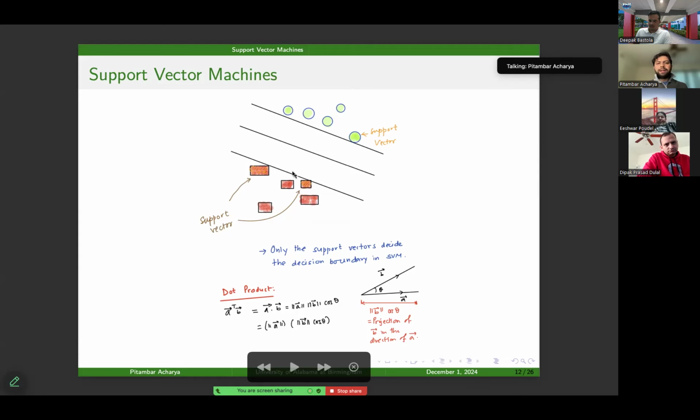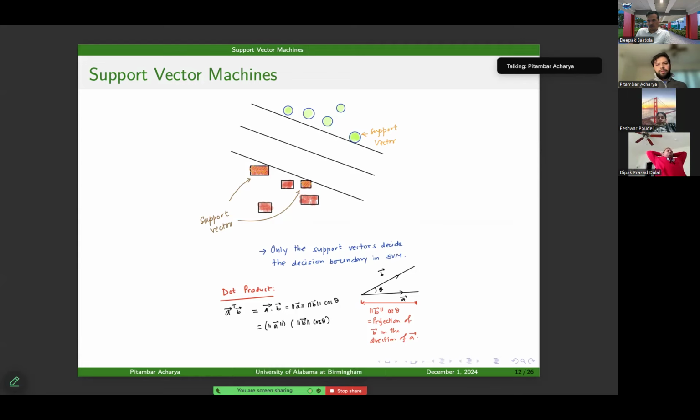These three points play the important role, so we can neglect the remaining ones. These are known as support vectors because they support in determining the boundary. Only the support vectors decide the decision boundary in the support vector machine.